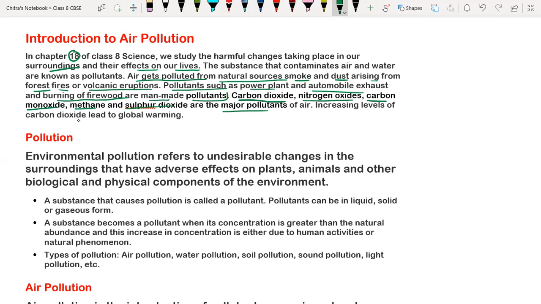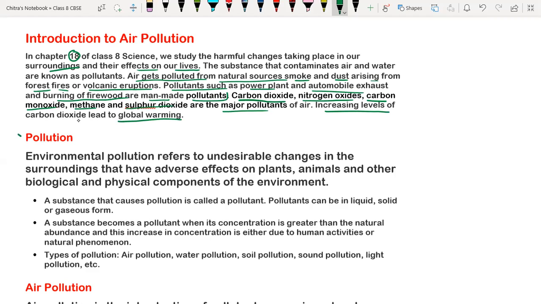If their level increases above the permissible limit, then they cause pollution. They have a very strong heat holding capacity and cause global warming also. We will understand each point in this chapter one by one.